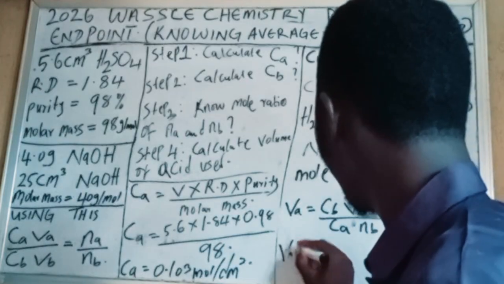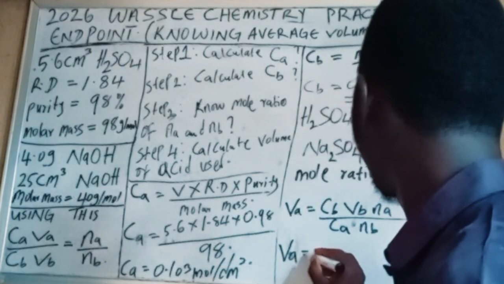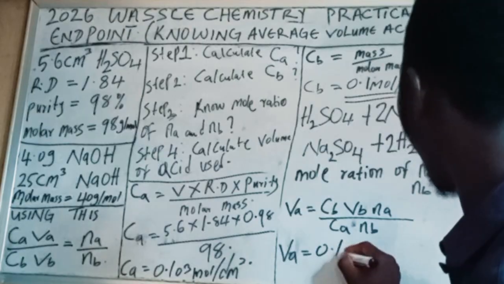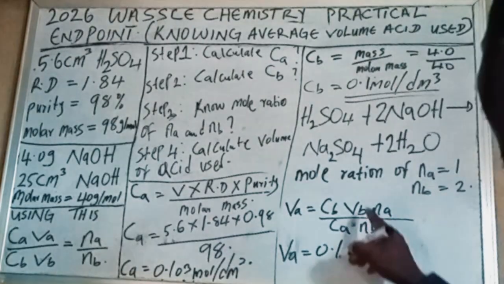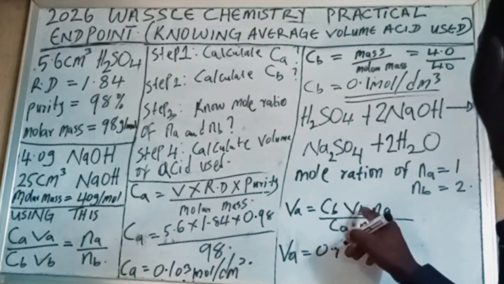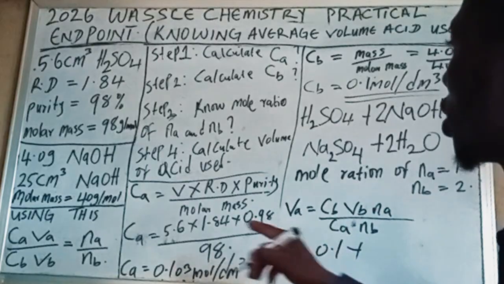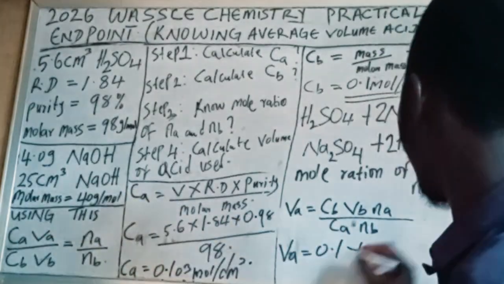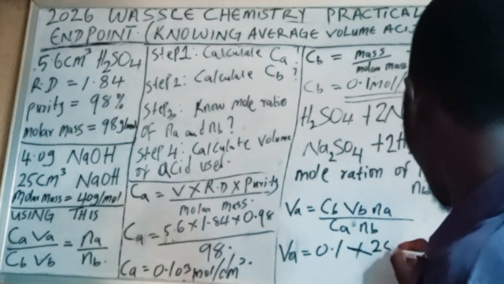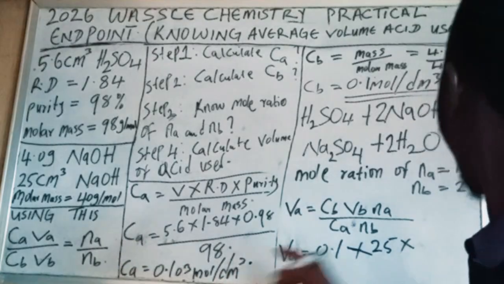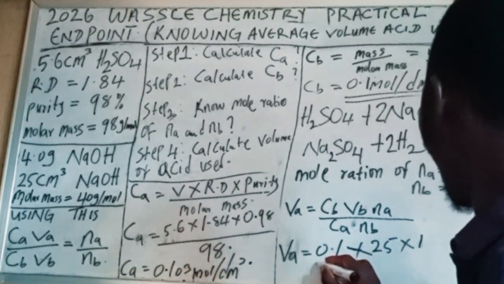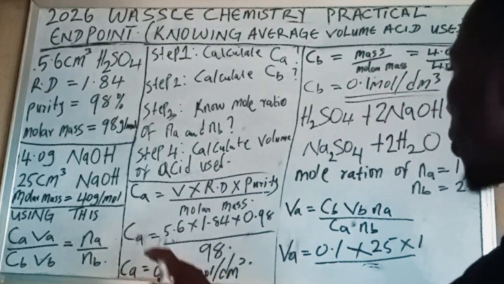VA is equal to our CB, 0.1, times our VB, which is 25 cm³, times our NA, which is 1, all over our CA that we calculated.